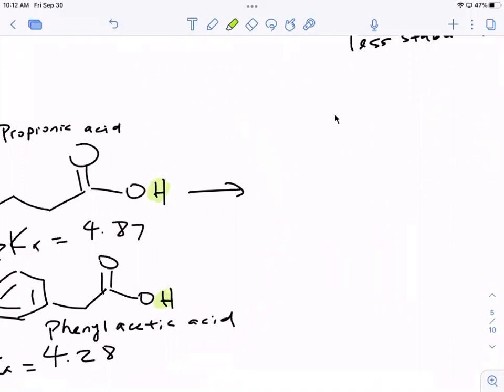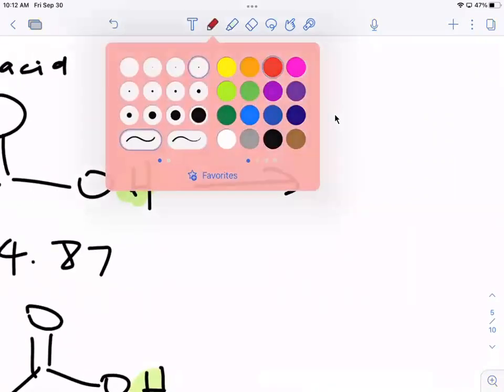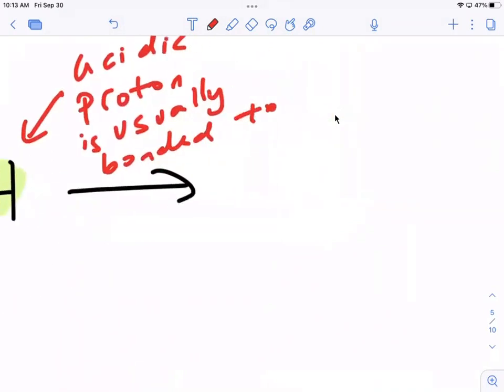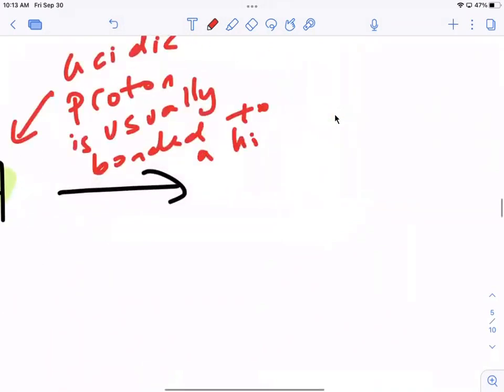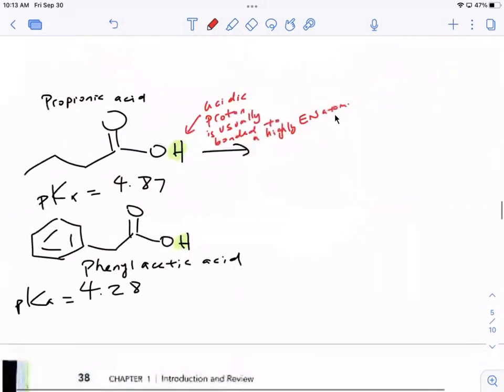Sometimes it'll be on a carbon, but for the most part, your acidic proton is usually attached to a highly electronegative atom. So it's not any of these other hydrogens that are on those carbons. They're less acidic than this one on purpose.